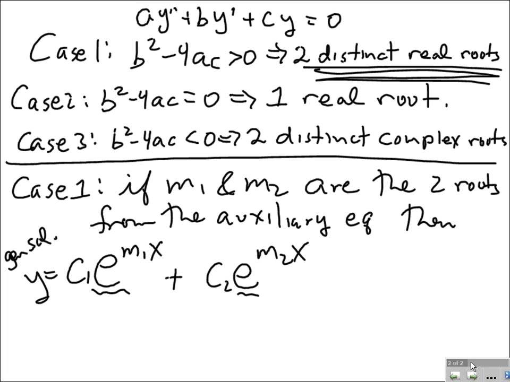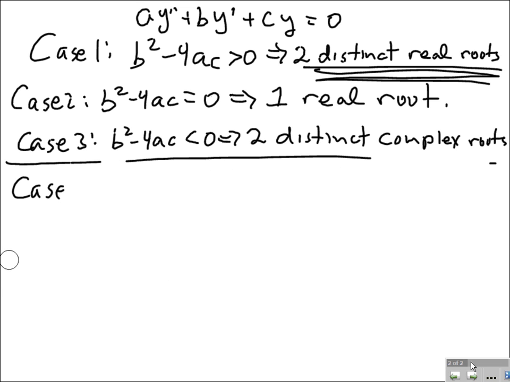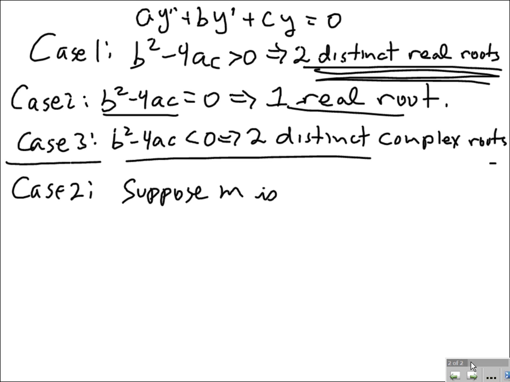And of course, I want what's on the top half of the board. I'm going to stay on this page. For case 2, when what's under the radical sign is 0, you have one real root. Suppose m is the real root. Call it m1.